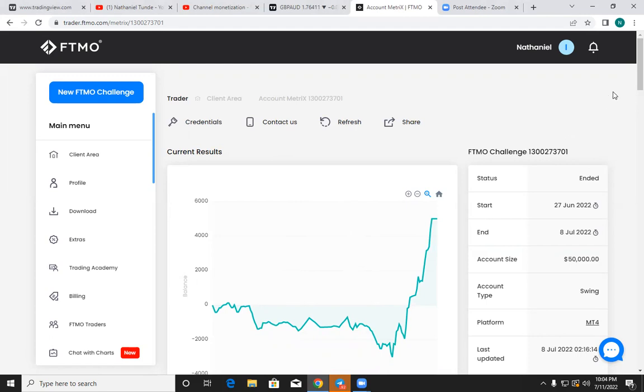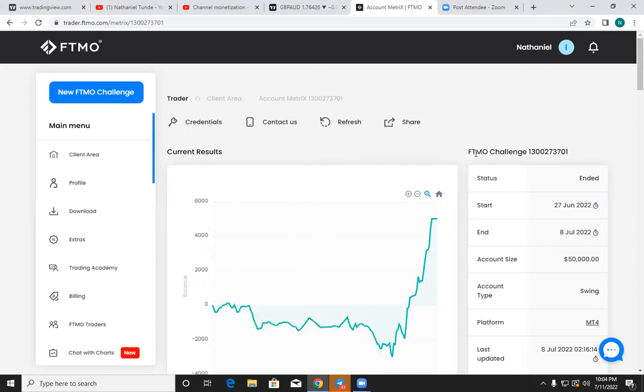And if you don't intend to join them, you can use the same techniques, the same system, or design your own system to be used for your trading account right now.